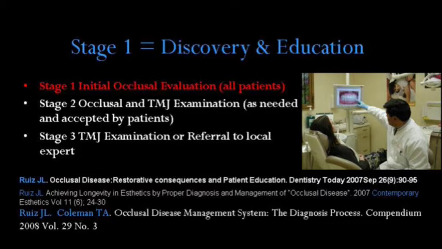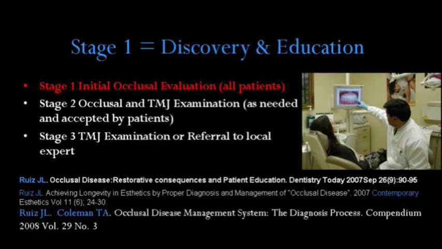After we do that, we can educate our patients and move forward into the advanced diagnosis. I like to call the first diagnosis a screening, or occlusal screening. It shouldn't take very long, because if it takes very long, then we're going to find ourselves having a hard time doing it. So it should be simple.